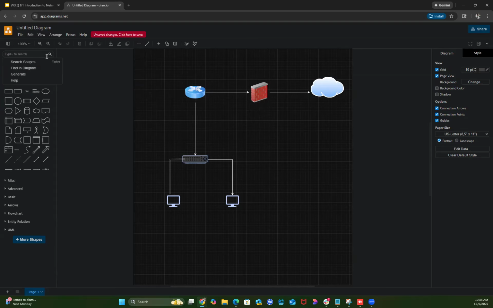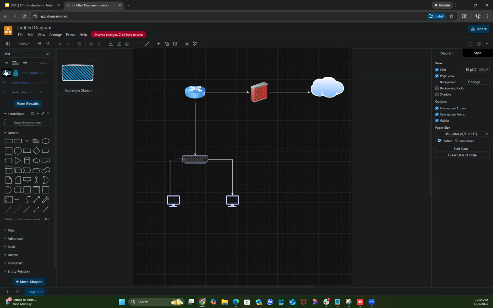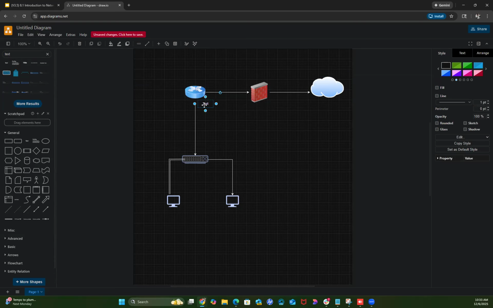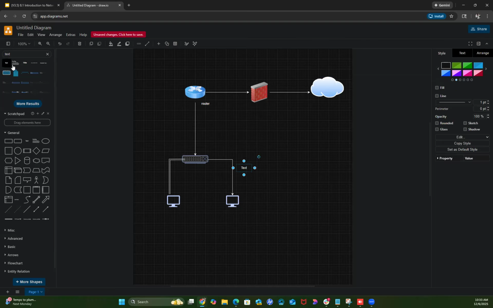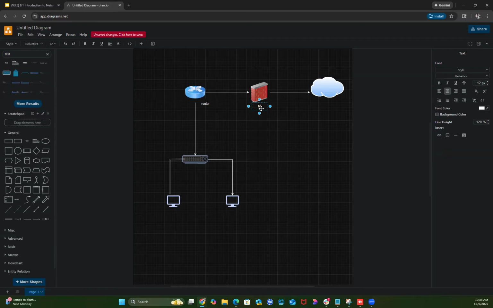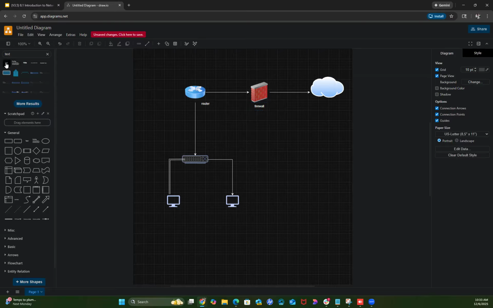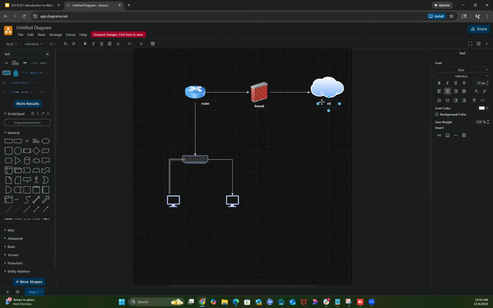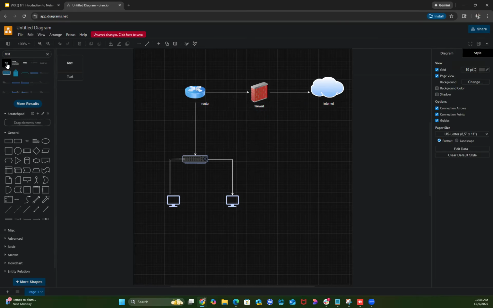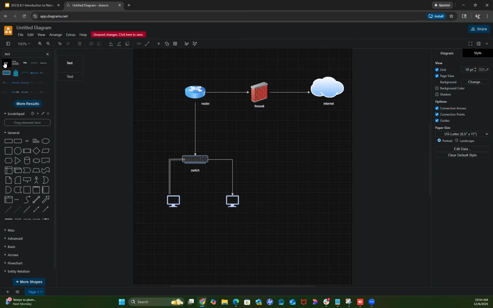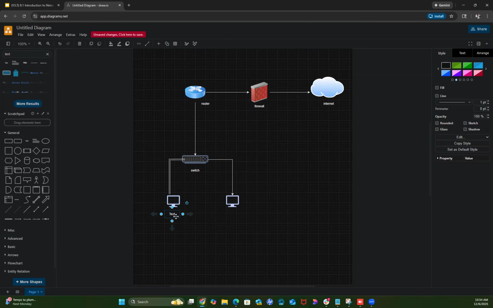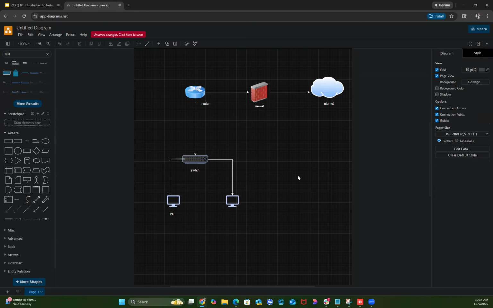If you need anything, such as text, you just click in here and write down text: the router, firewall, internet, and switch. So this is the basic network design.